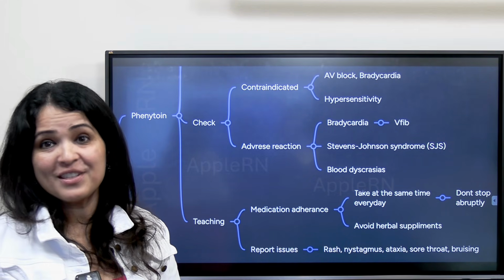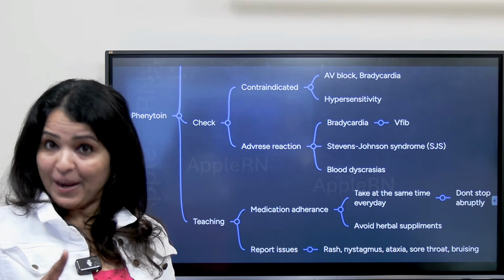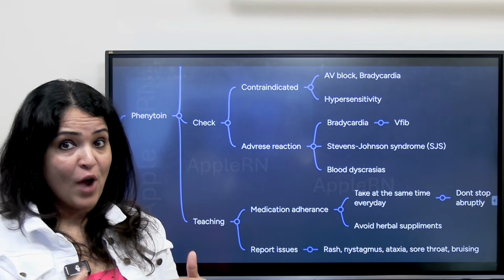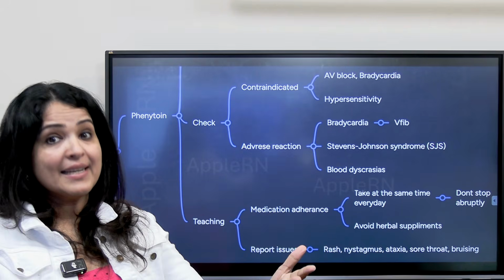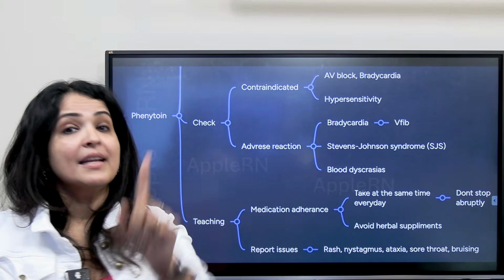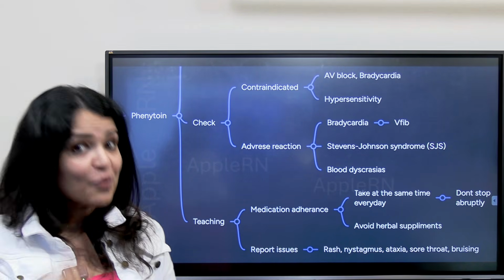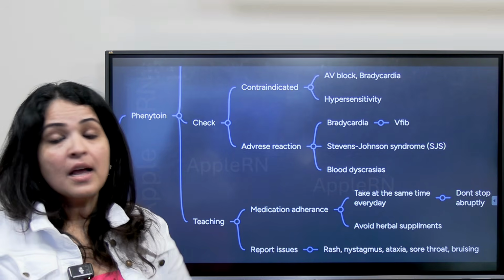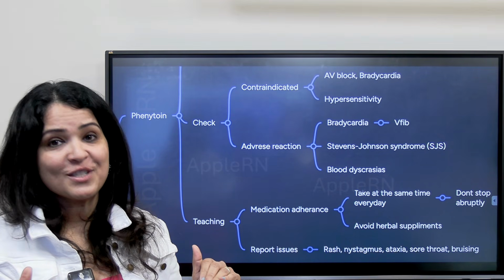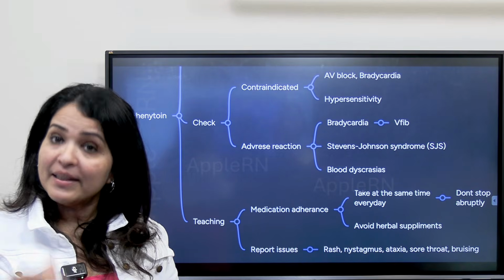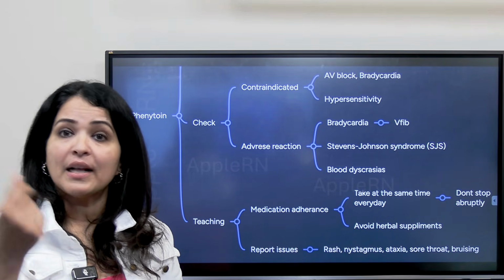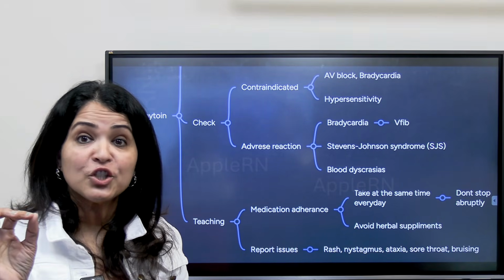That's something that we are going to tell the patient. Now, if the patients are complaining of that rash, and if you think it's Stevens-Johnson syndrome, the doctors may decide to stop the medicine, but it is for the doctor to decide, not for the patient, right? They may be seizure-free for some time. That doesn't mean they can stop the medicine, because when they stop the medicine, it will come back. We know what seizure is, right?